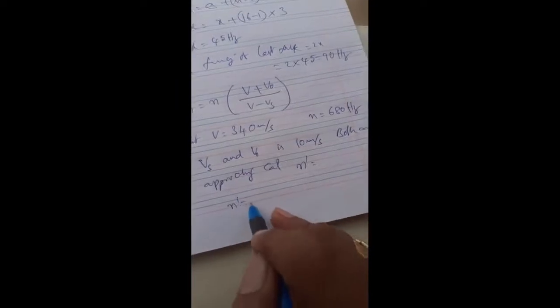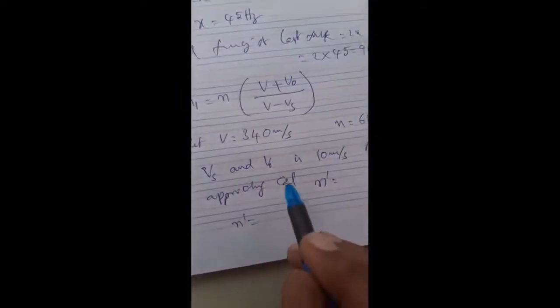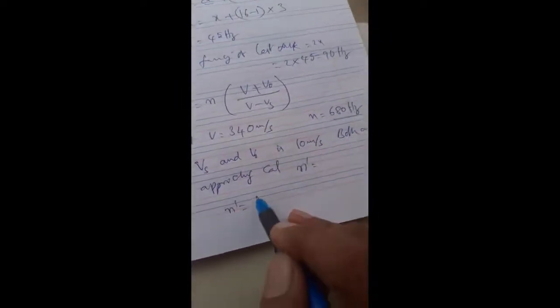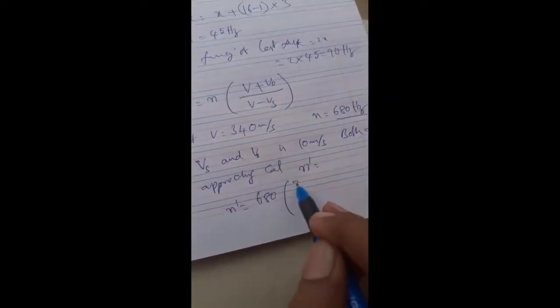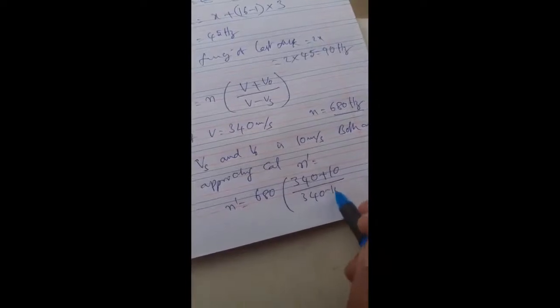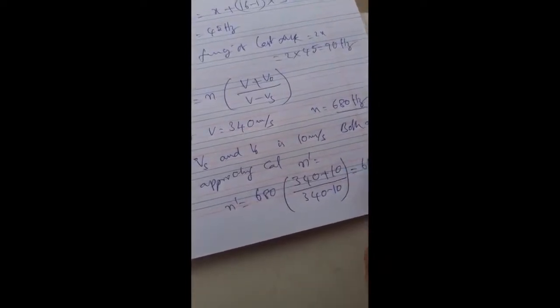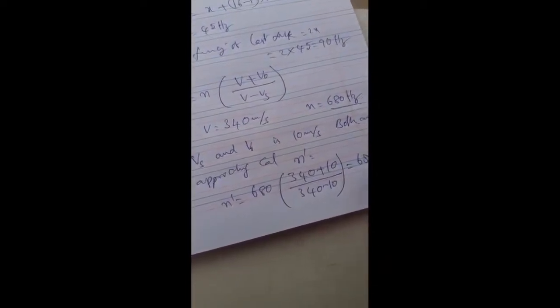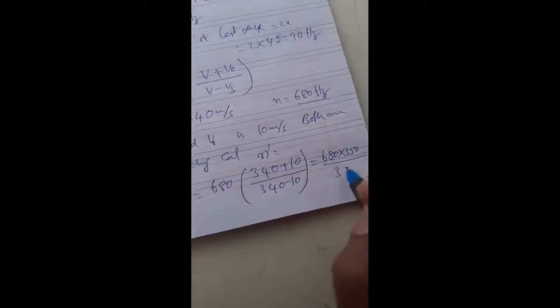Therefore, n dash is equal to, the formula is this, 680 into (340 plus 10) divided by (340 minus 10). That is equal to 680 into 350 divided by 330.